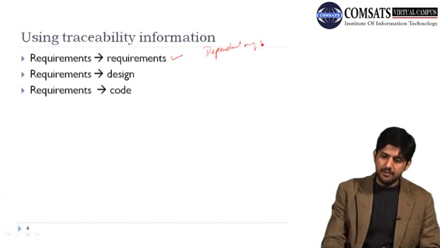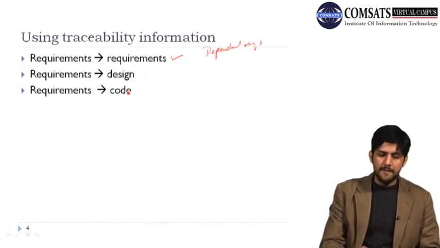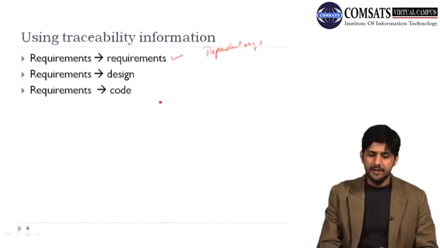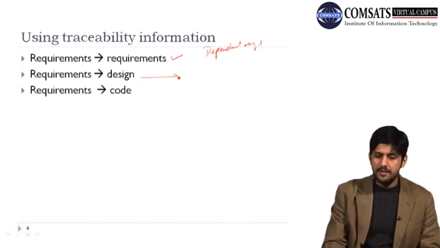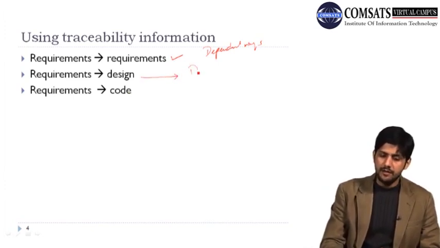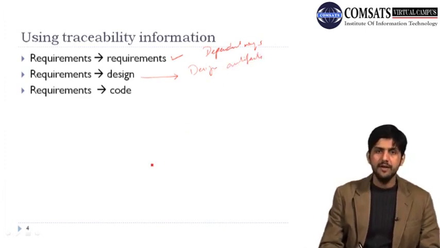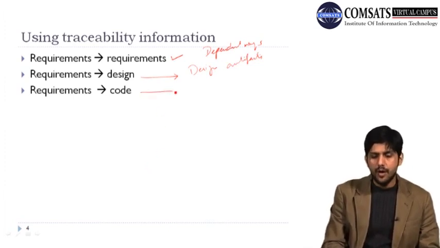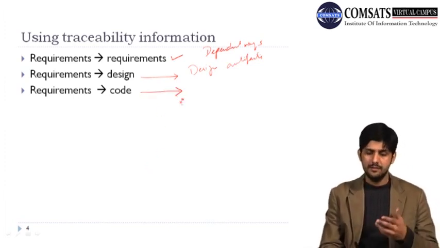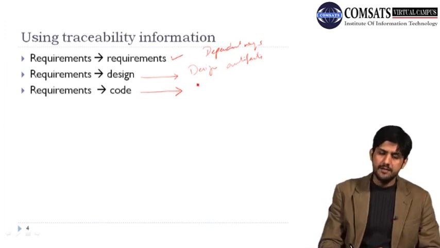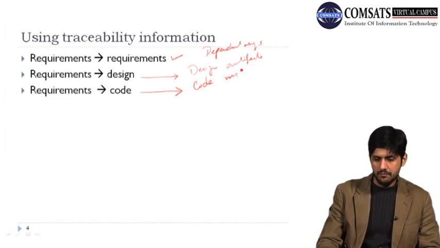Similarly, the requirement design traceability will be used to identify design artifacts which will be affected. And then requirements code traceability will help us identify which code modules will be affected.